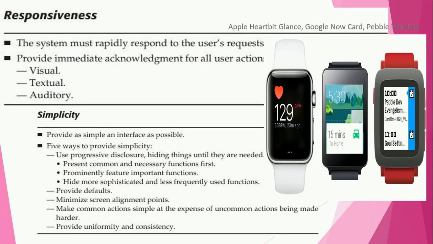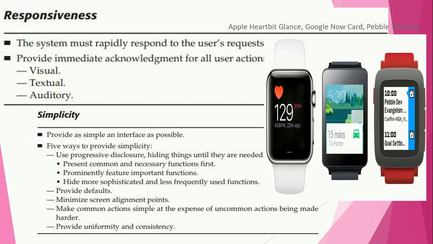Responsiveness. The system must rapidly respond to the user's request. It should provide immediate acknowledgement for all the user actions in visual, textual or auditory medium. So the response should be very fast from the system.